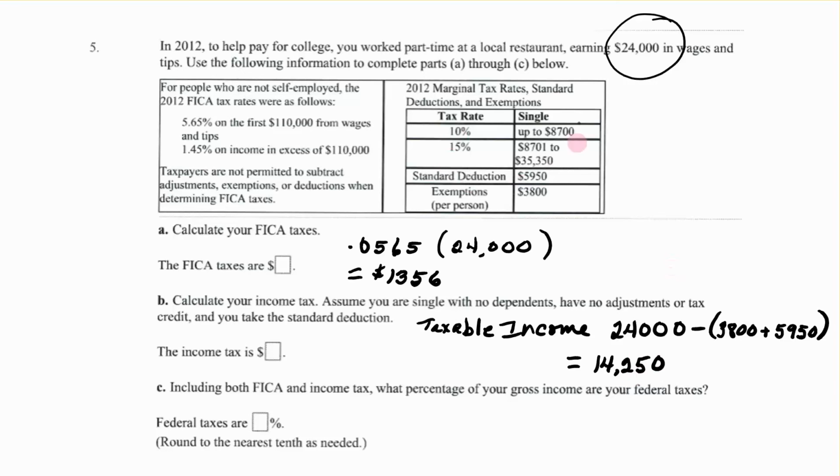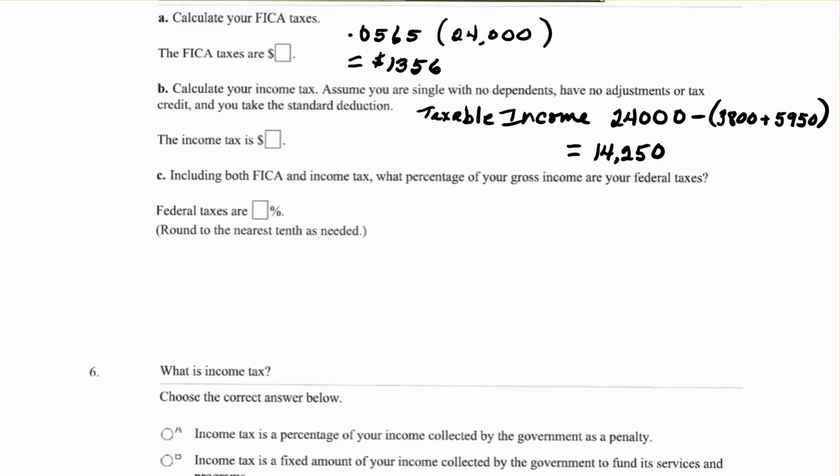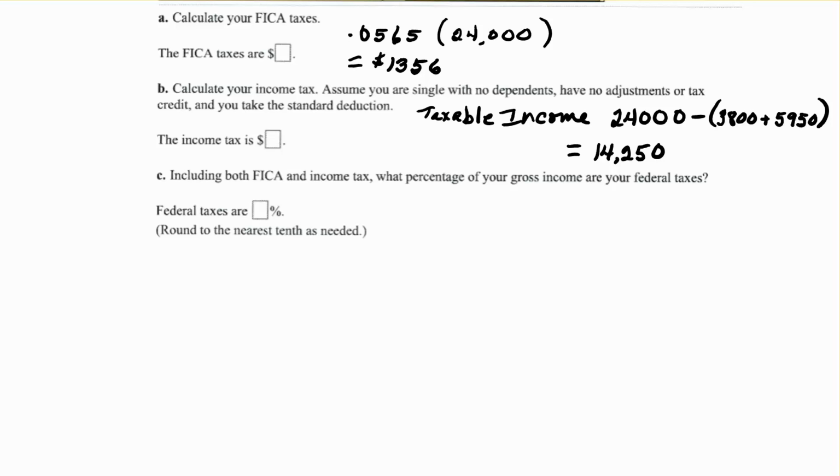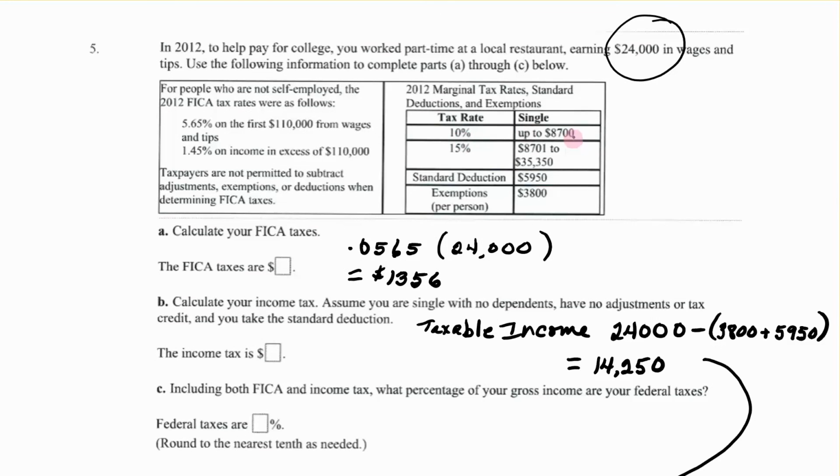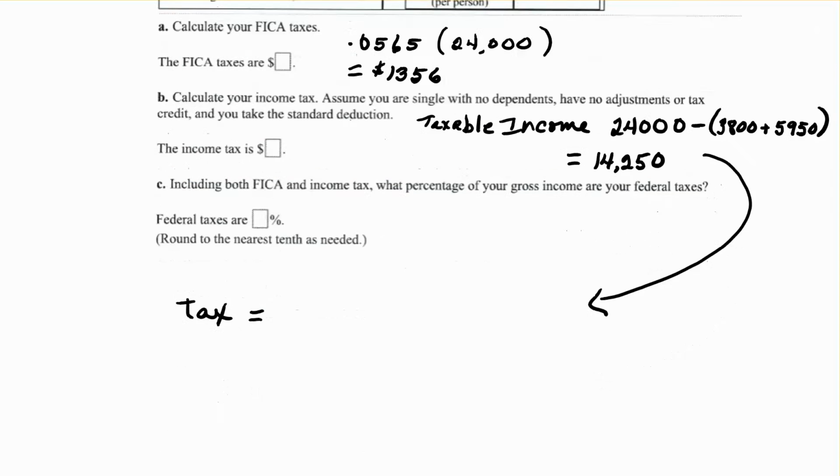We have to come up here to the tax rate. And I'm going to need to get a little bit more room. All right, her tax. She's going to pay 10% up to $8,700 and 15% for the rest.